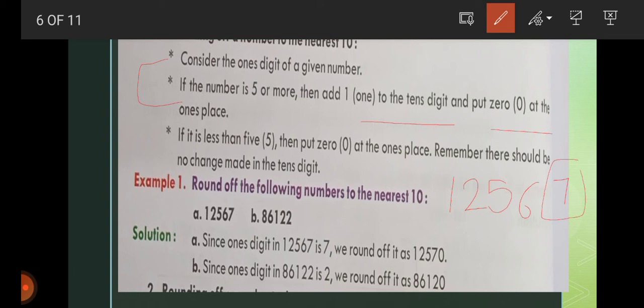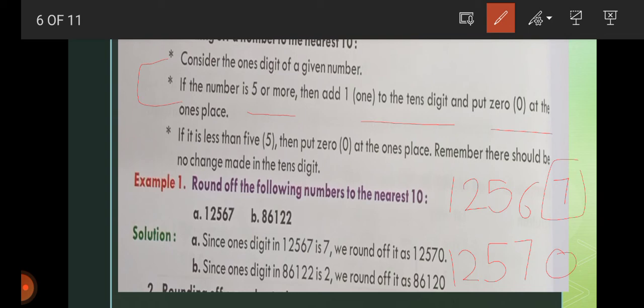If it is 5 or more than 5, and here it is more than 5, then add 1 to the digit at tens place. 6 plus 1, you will get 7, and put 0 at ones place. The rest of the digits will remain the same, right? This is the rounding of the value to the nearest 10.